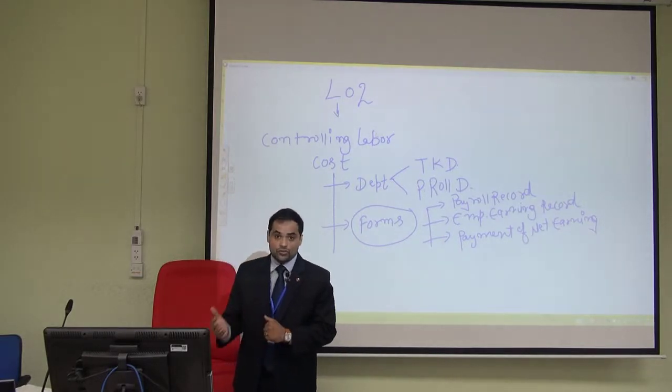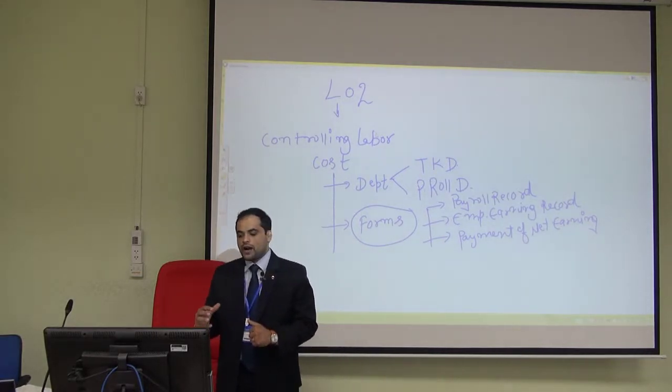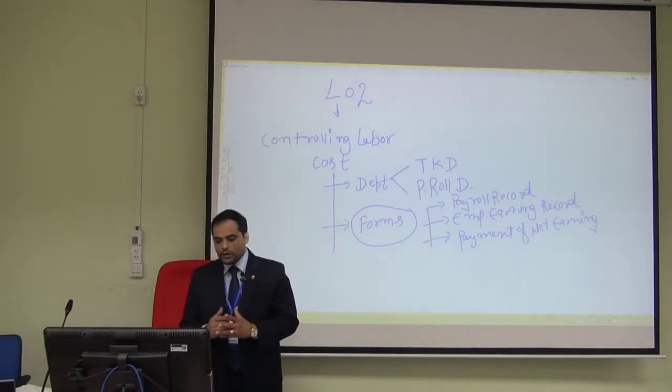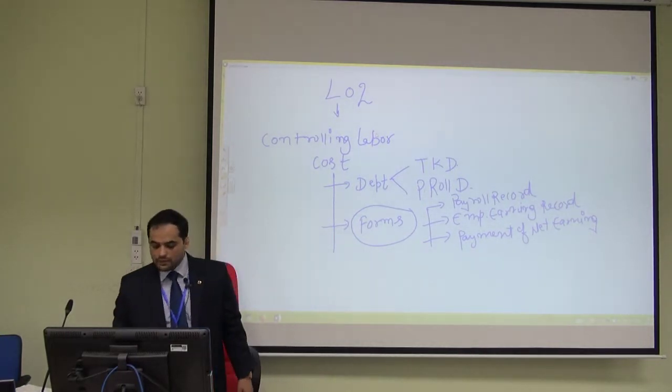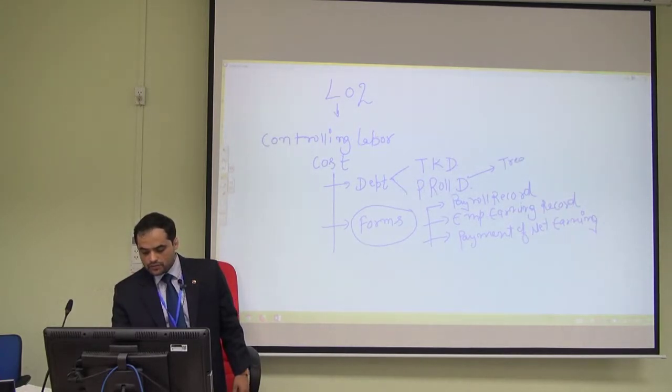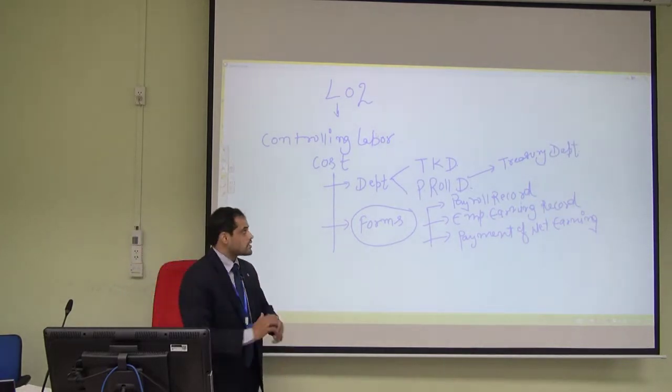Like I said, there are 3 records involved, and the departments involved are the timekeeping department and the payroll department. The payroll department sends all this labor cost to the treasury department.